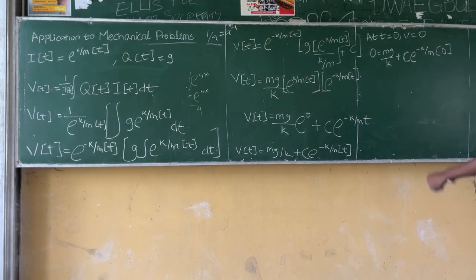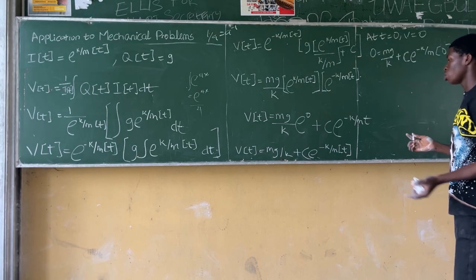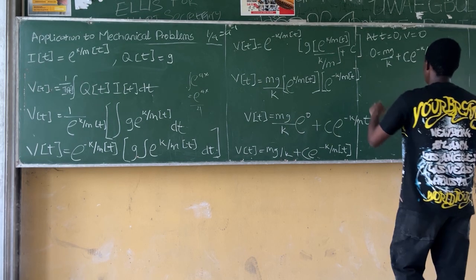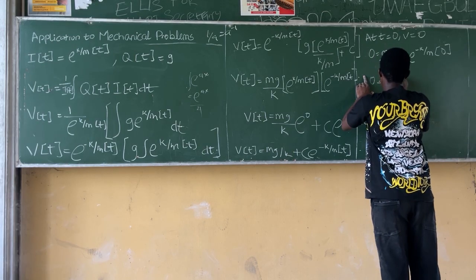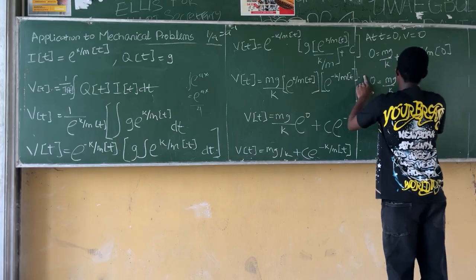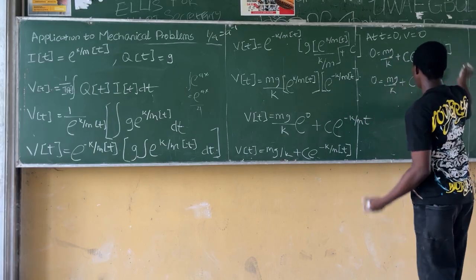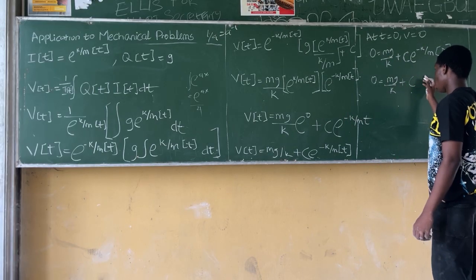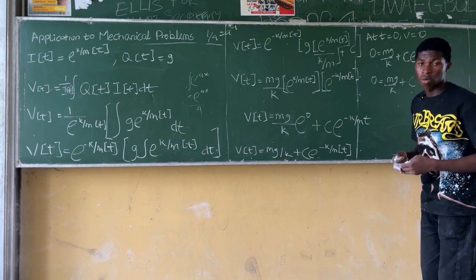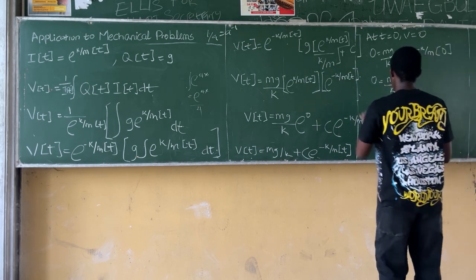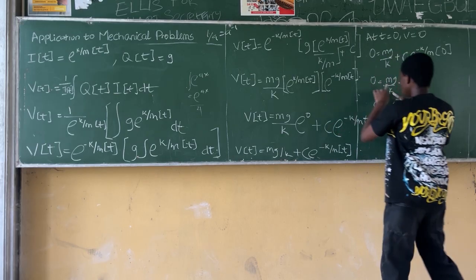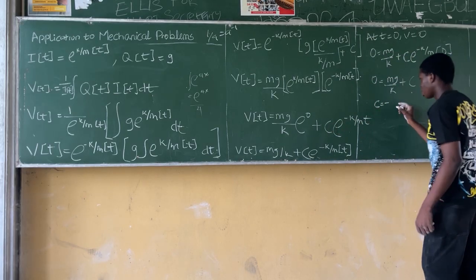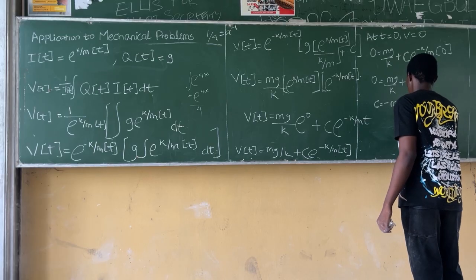So you get the idea now. To get the integrating constant, we are going to be inputting v equals 0 and t equals 0. So now this 0 is equal to mg over k plus c. This is going to all be 0. So this e raised to power 0, whereby e raised to power 0 is equal to 1. So now c is equal to minus, taking this from this side over to the right hand side, mg over k.